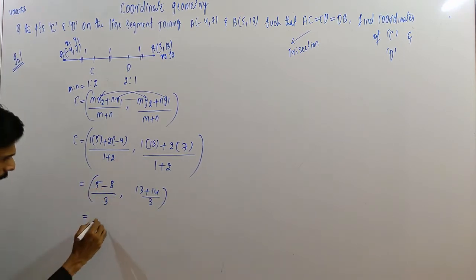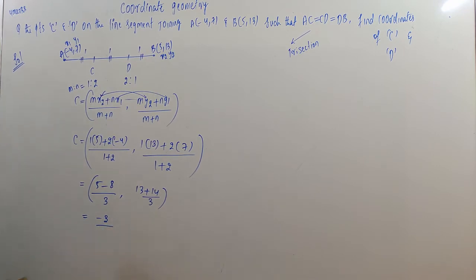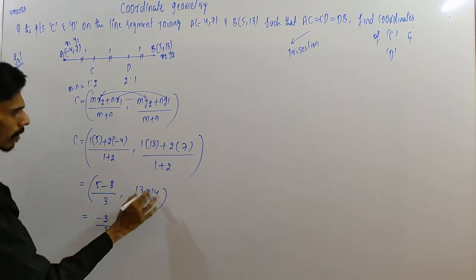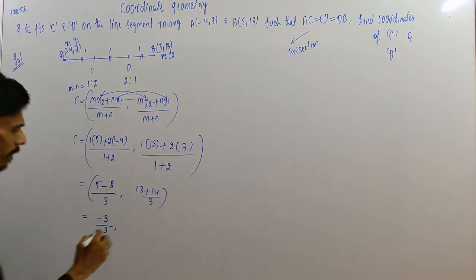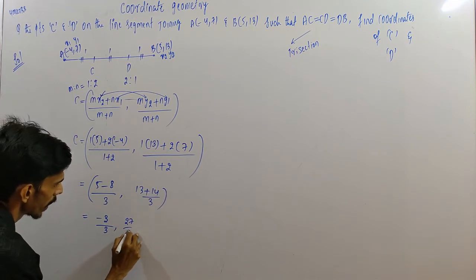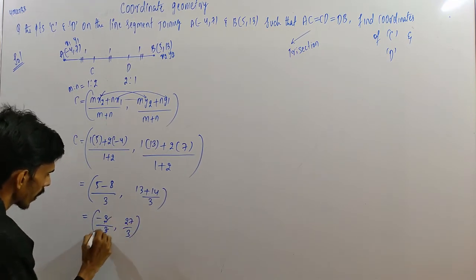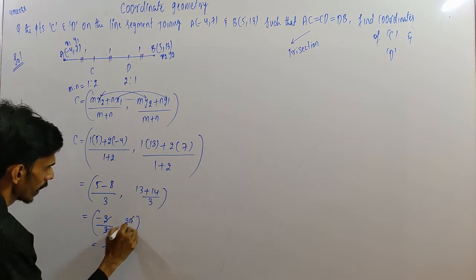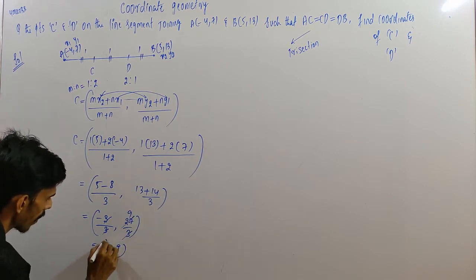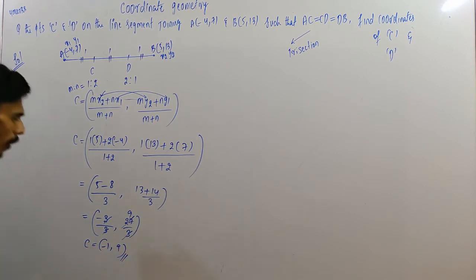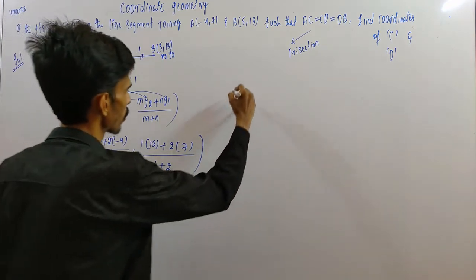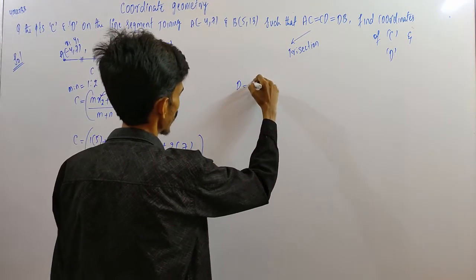Now 5 minus 8 is minus 3, by 3. We have 13 plus 14, 27. 27 divided by 3, 3 nines are 27. So we have point C. We got point C. Similarly, get point D with the same formula.